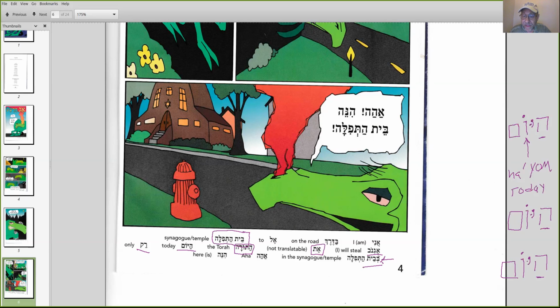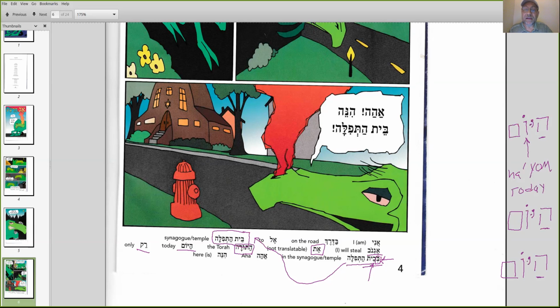So this bet right here is a preposition meaning in, with, or on. So then the rest of it looks just like the other one, except, see, these are the two we're comparing, except that they have removed the dagesh in the bet and turned it into a vet. That is just part of the grammar when you affix a preposition to the word bayit, okay?